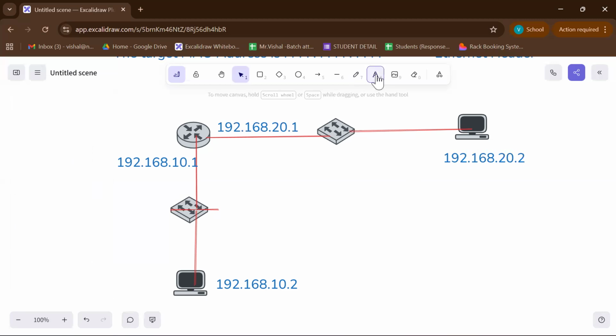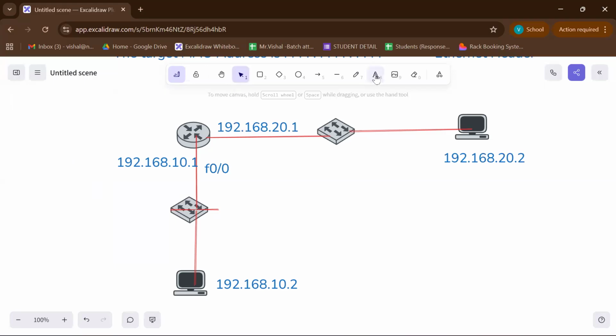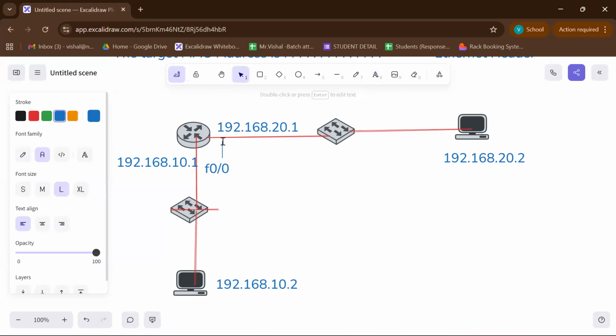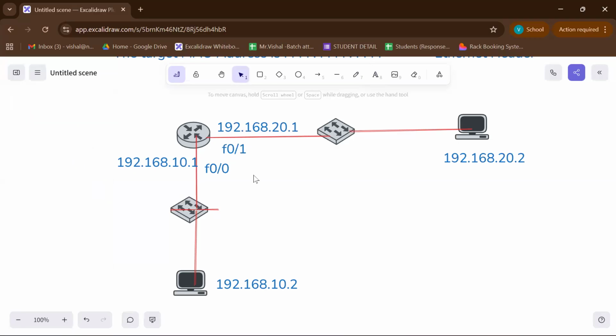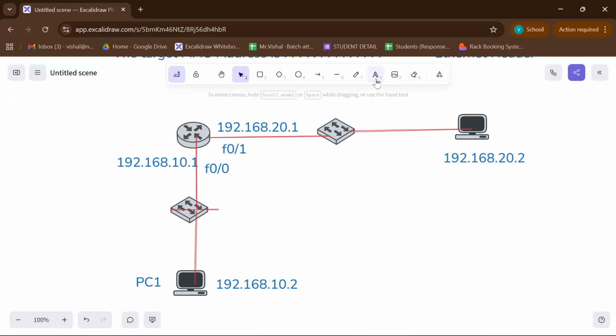Here we have the interface F0/0, and here we have the interface F0/1. Let's say this is PC1 and this is PC2.